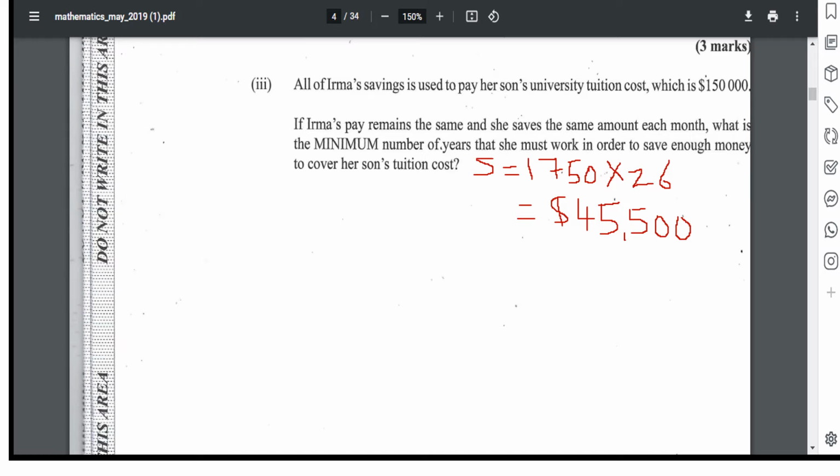So we divide, want to know how many years, the number of years would be equal to the cost for the tuition, which is $150,000, divided by the $45,500. So we divide 45,500.